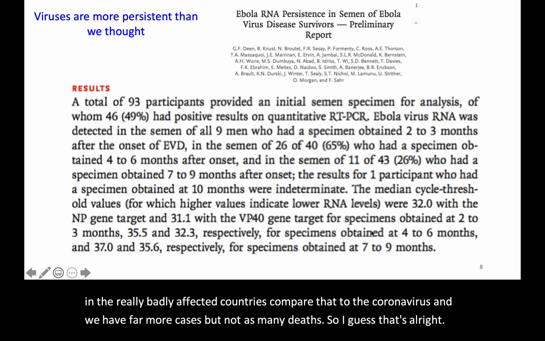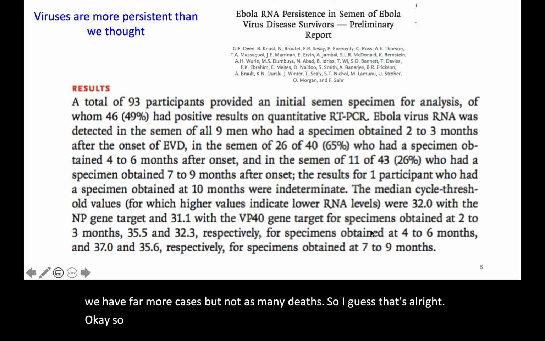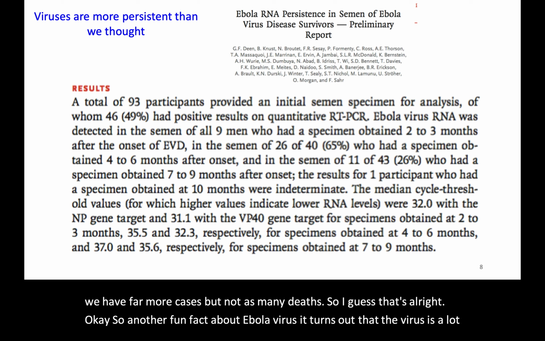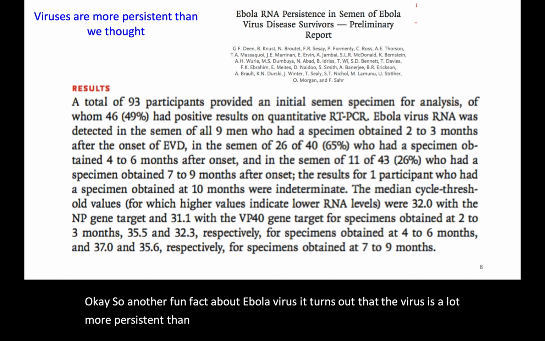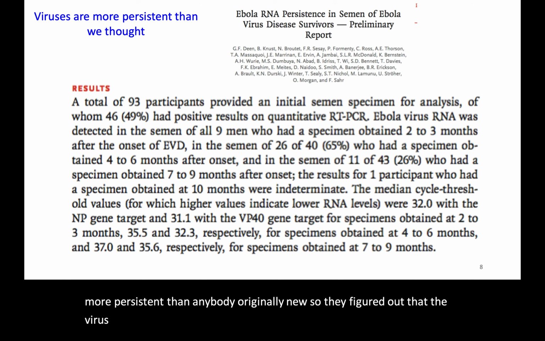Okay, so another fun fact about Ebola virus. It turns out that the virus is a lot more persistent than anybody originally knew. And so they figured out that the virus can stick around in a couple of places. So it lives inside the milk ducts, actually inside breast milk for a little while.